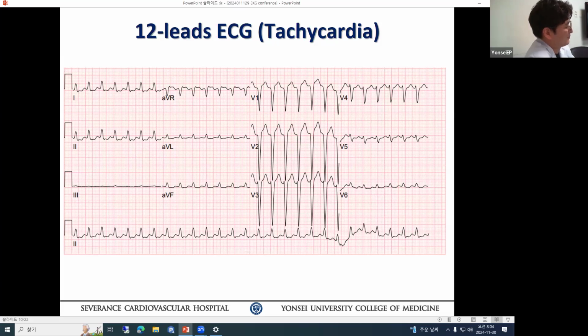I think it's more of retrograde. But I'm not sure between two diagnoses. It's some AVRT tachycardia. They most likely have AVNRT.